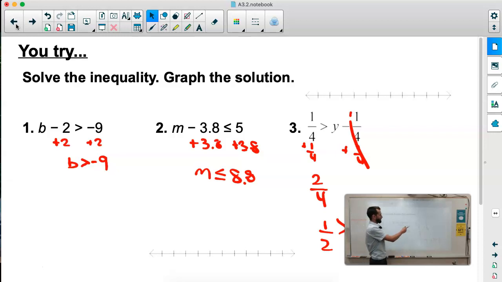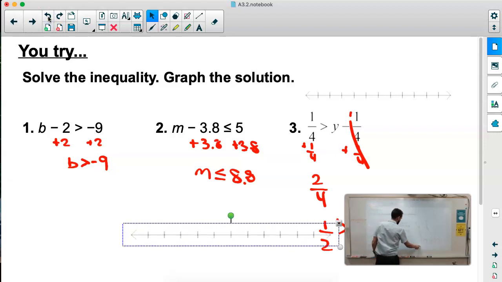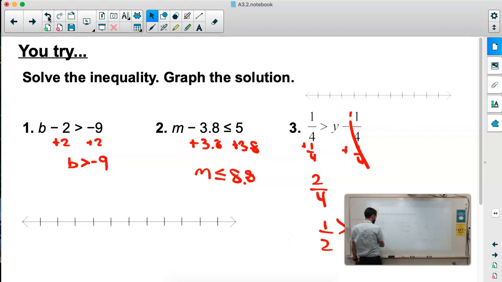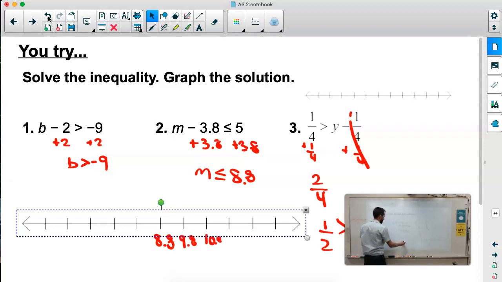So on this last one, I just want to mention these. If you have decimals or fractions, one of the things that's really helpful is just to change the scale. So maybe I have this like 8.8 here. Maybe I just go by ones and I just do 9.8, 10.8, over here 7.8, 6.8.